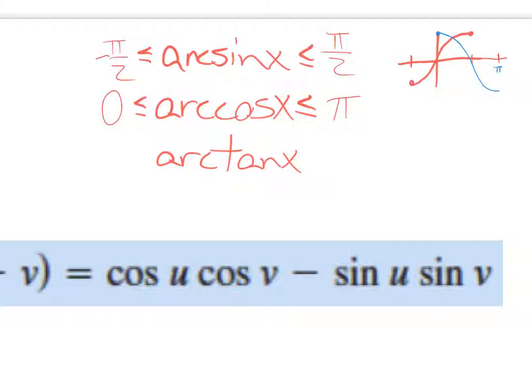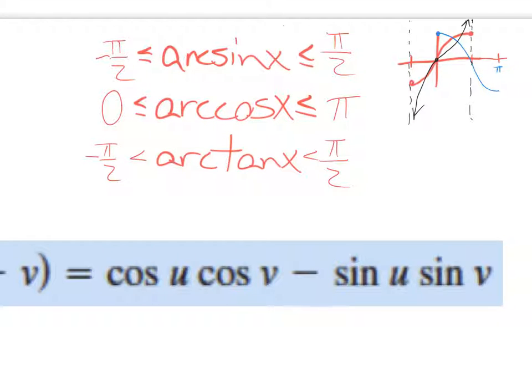Now, arc tangent. Remember tangent has those asymptotes at pi over 2 and negative pi over 2, so it looked like this. We limited it again to this range from negative pi over 2, but not equal, up to approaching pi over 2.